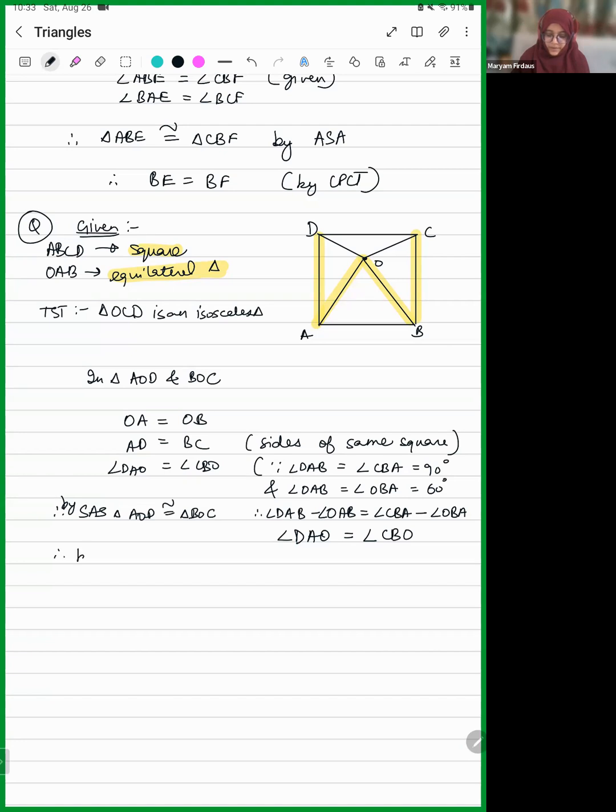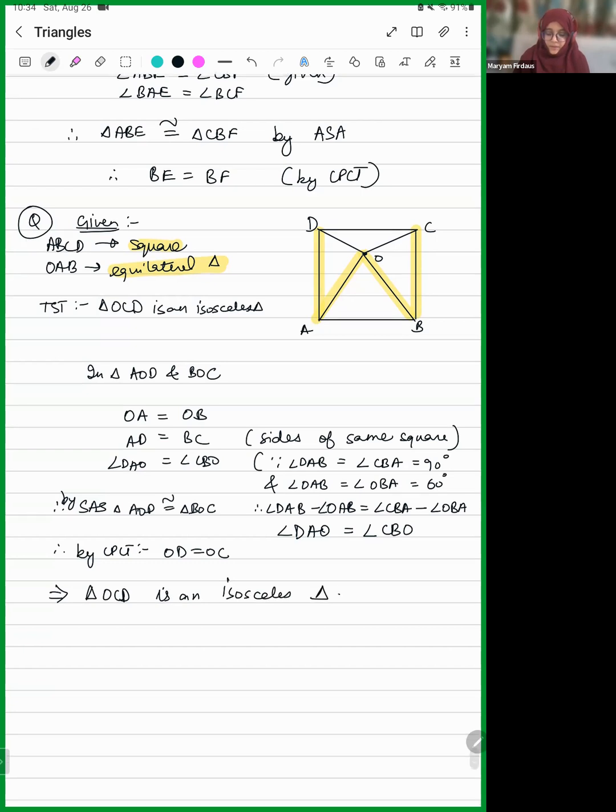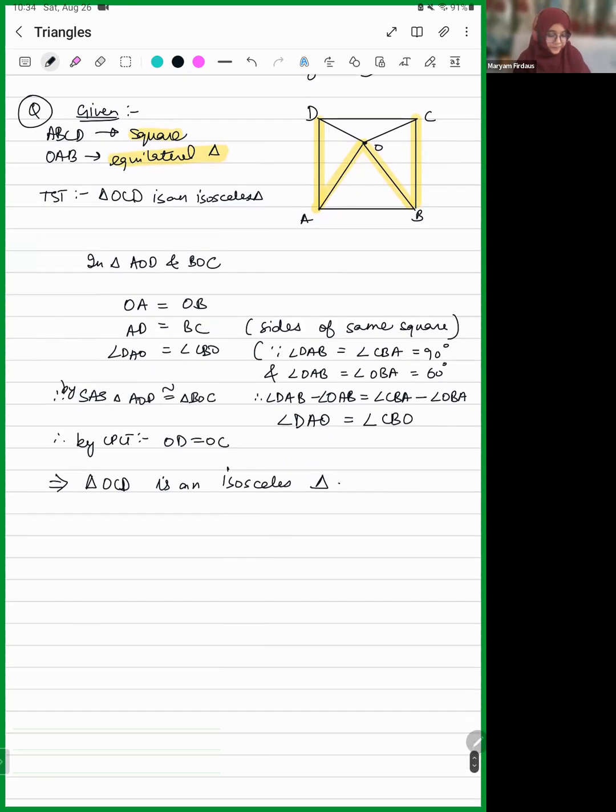So by CPCT, OD equals OC, and that proves that triangle OCD is an isosceles triangle. Okay, please write till here.